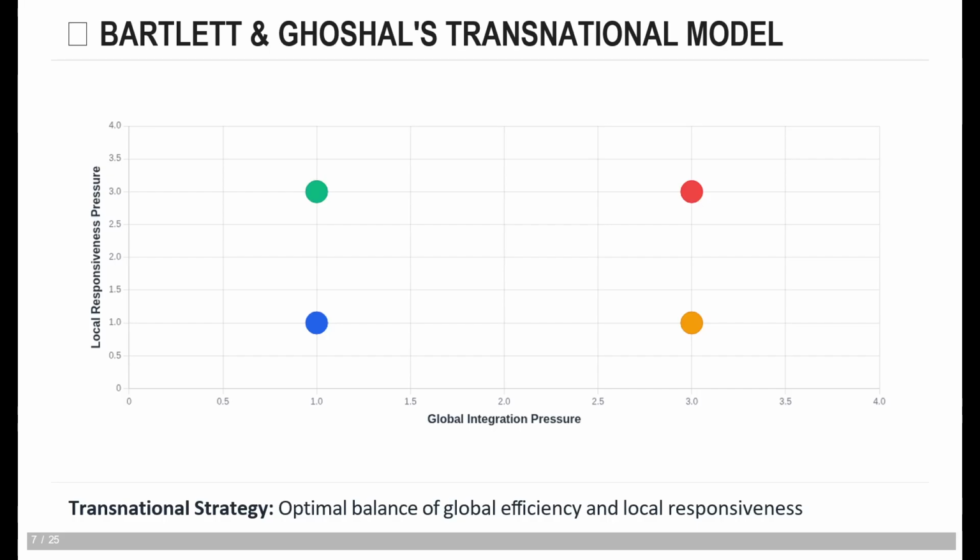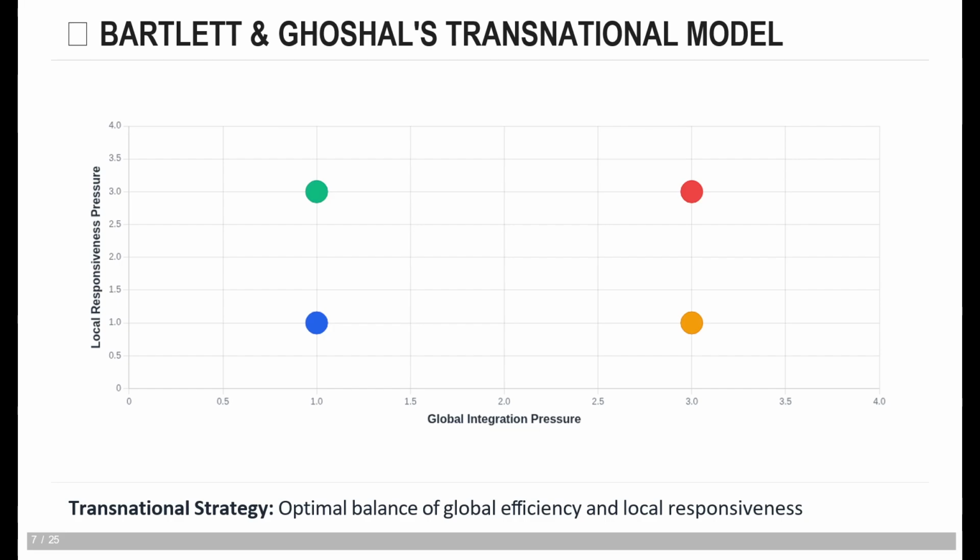This is Bartlett and Ghoshal's transnational model. The model helps companies navigate the tension between global integration and local responsiveness. This is a 2 by 2 matrix, as we can see. The x-axis presents the pressure for global integration: cost, efficiency, and consistency, while the y-axis is pressure for local responsiveness, adaptation, and flexibility.